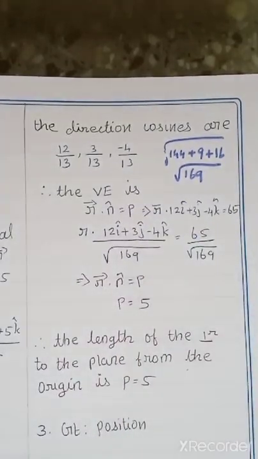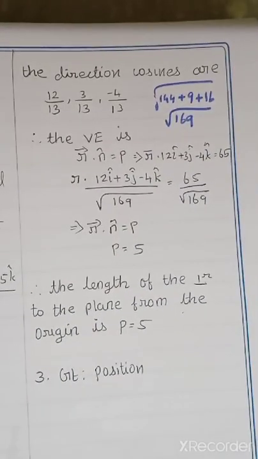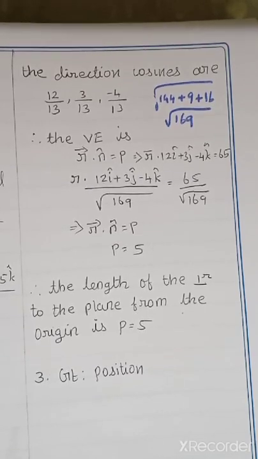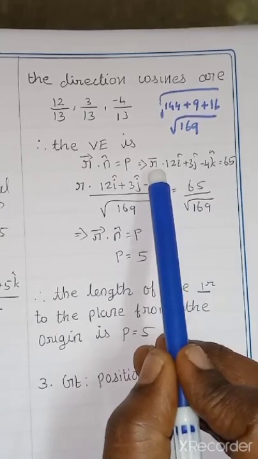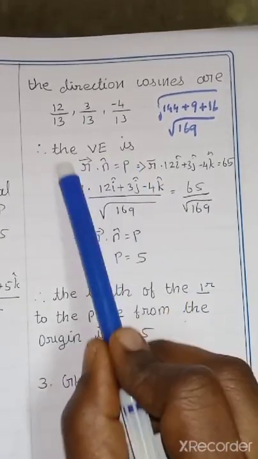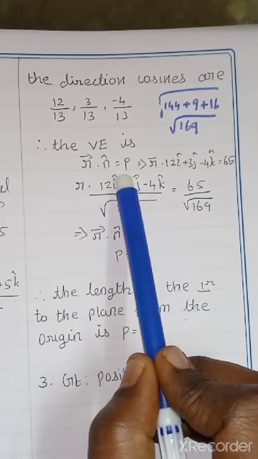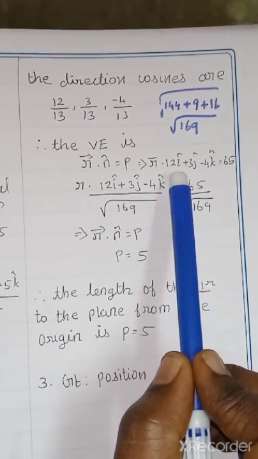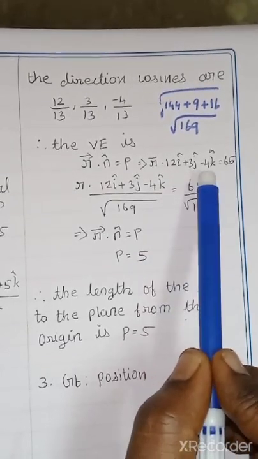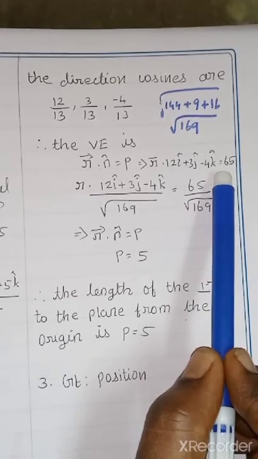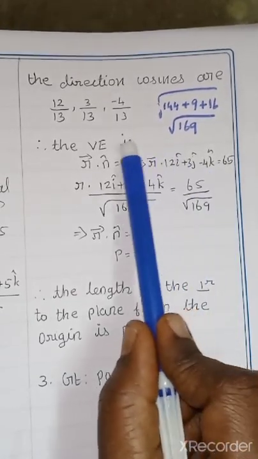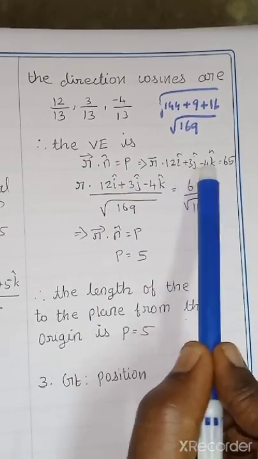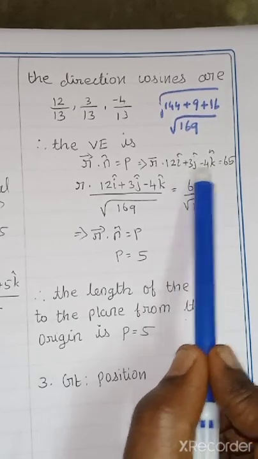Is that okay? So next one. What is your vector equation? A vector equation we should not use directly a formula here. So this is the formula we have to use, r vector dot n cap equal to p. So r vector dot 12i plus 3j minus 4k equal to 65. But when we want to compare with this equation we have to get n cap, but here only the vector is given, so we have to find the mod of this vector.